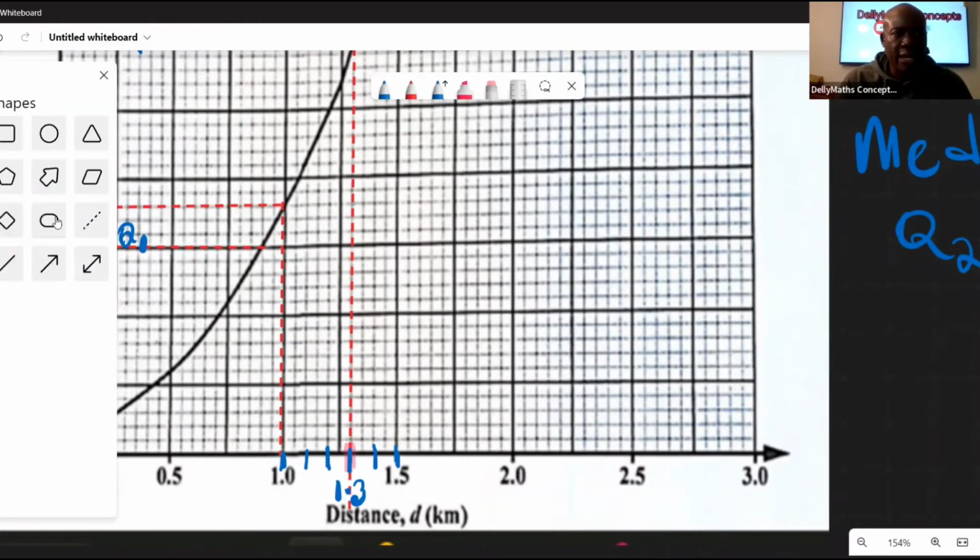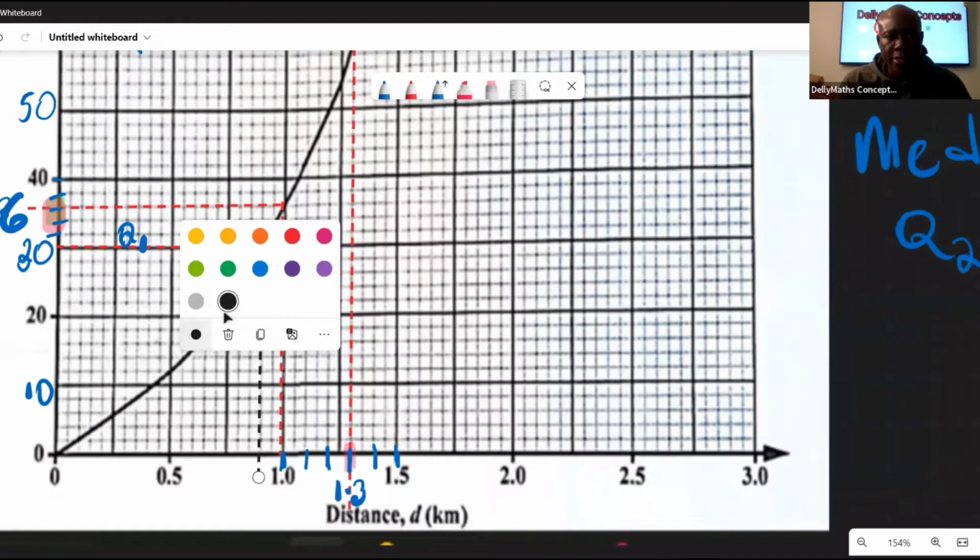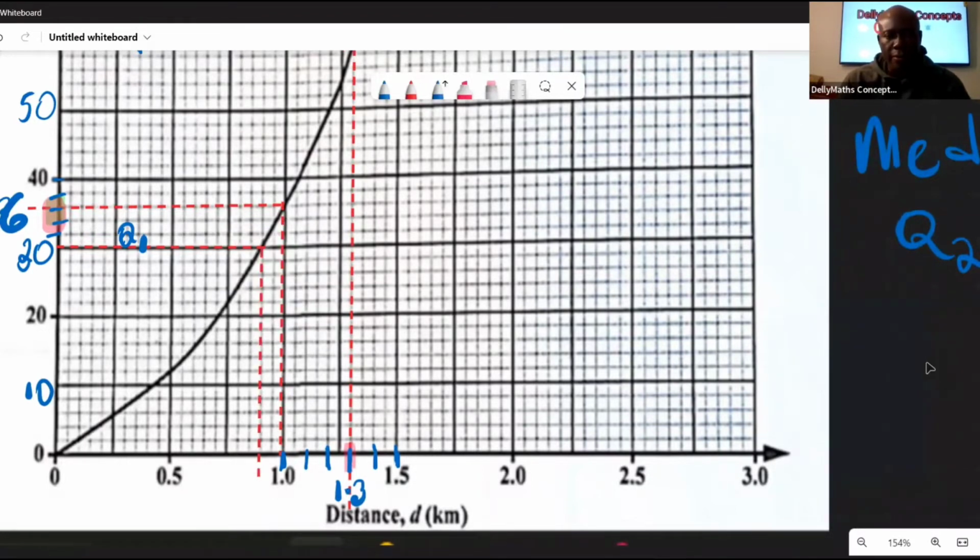And let's just take this line down to the x-axis to read off that value right there. So I'm coming down on that line. Let me put this line in red as well. All right, so you could follow that Q1 line and you'll see definitely that it comes down right here. This is the line. Now, what you want to focus on is, remember, we just picked up the scale here where two of those little lines will represent 0.1.